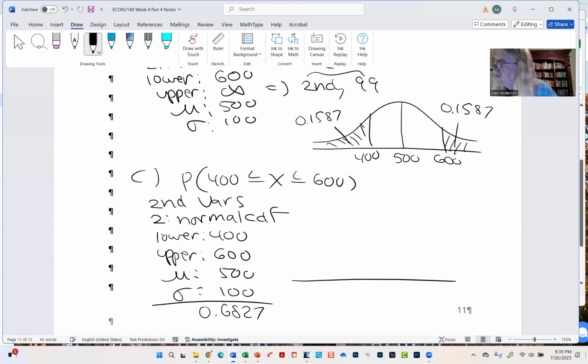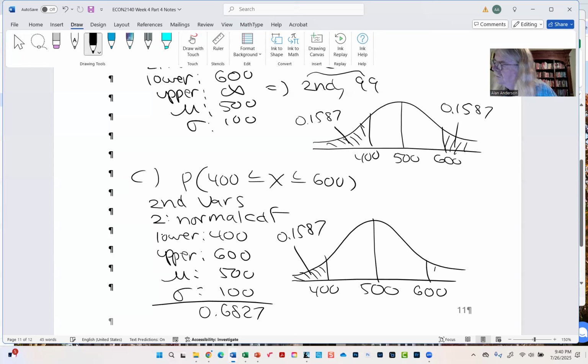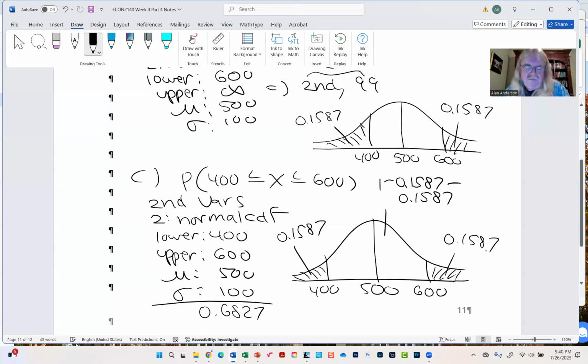Now, again, we could have figured this out with our knowledge of this distribution. Because, except for some slight rounding differences, this area in between must be one minus the two tails, which gives us 0.6826.